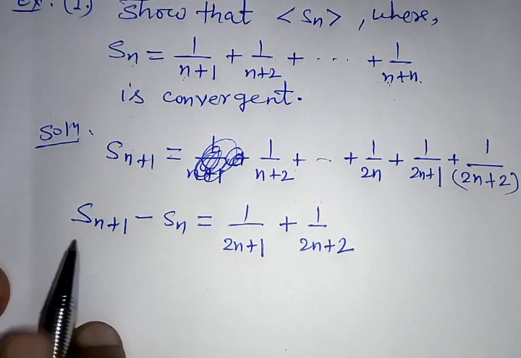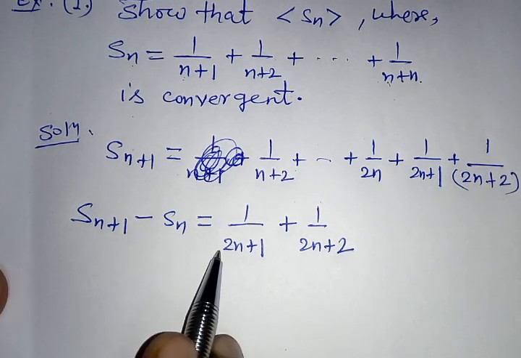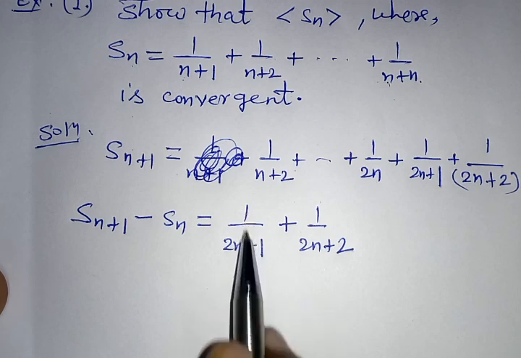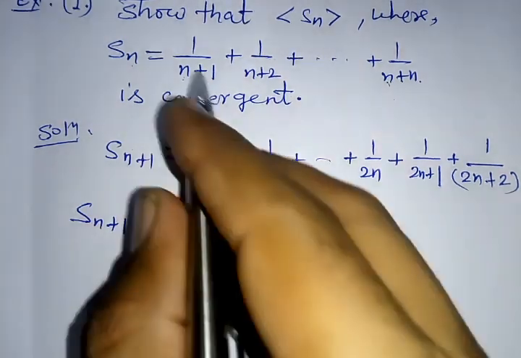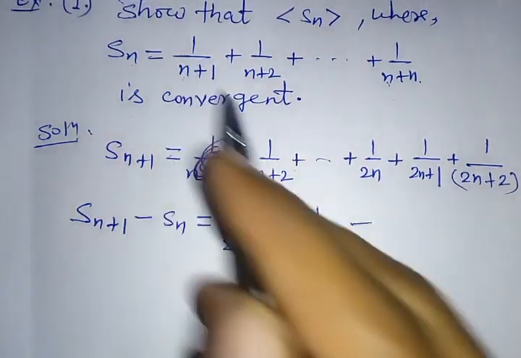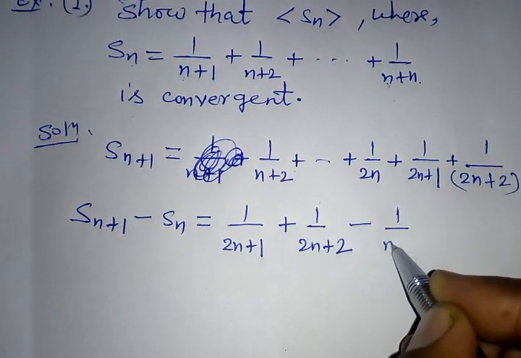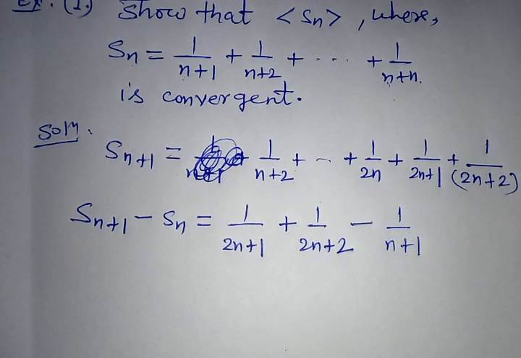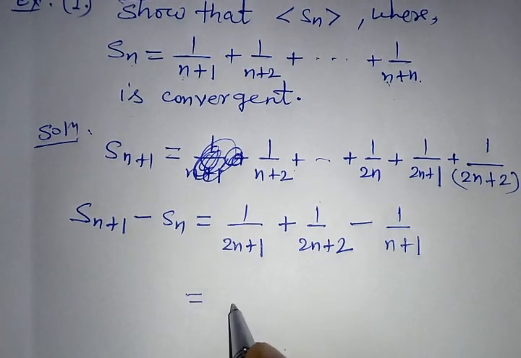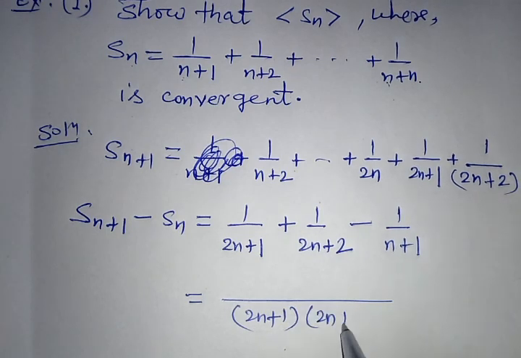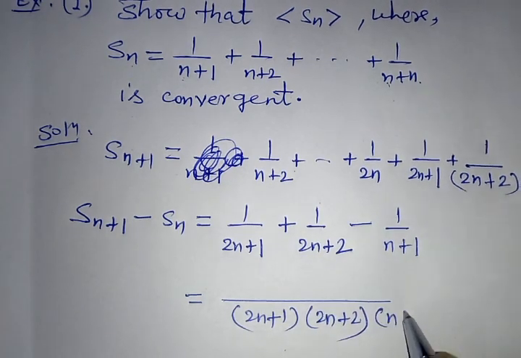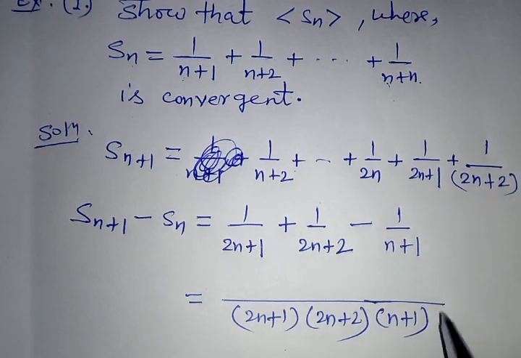So if I find Sn plus 1 minus Sn, then this is equal to 1 upon 2n plus 1 plus 1 upon 2n plus 2 and minus this term 1 upon n plus 1, which is equal to, if I take LCM, 2n plus 1, 2n plus 2, n plus 1.